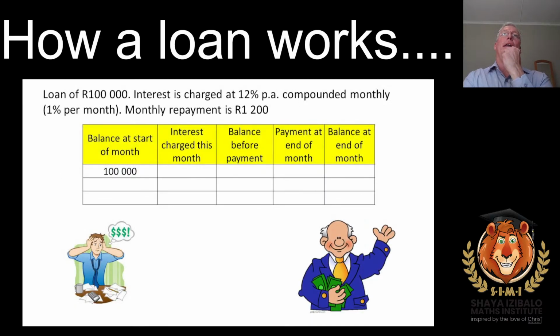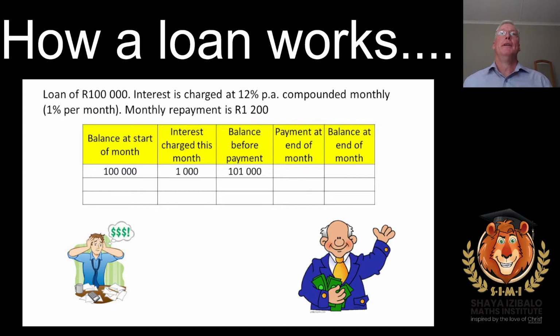All right, the interest is 1%. So the banker lends him the money and John's got the money for a month. Now 1% of 100,000 Rand, easily worked out, is 1,000 Rand. So the banker says, I'm going to charge you 1,000 Rand for having this money for a month. Before John makes the payment, he now owes 101,000.